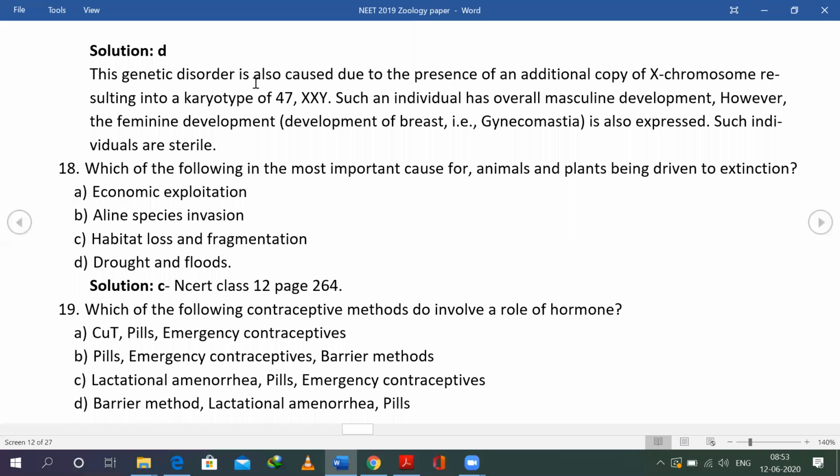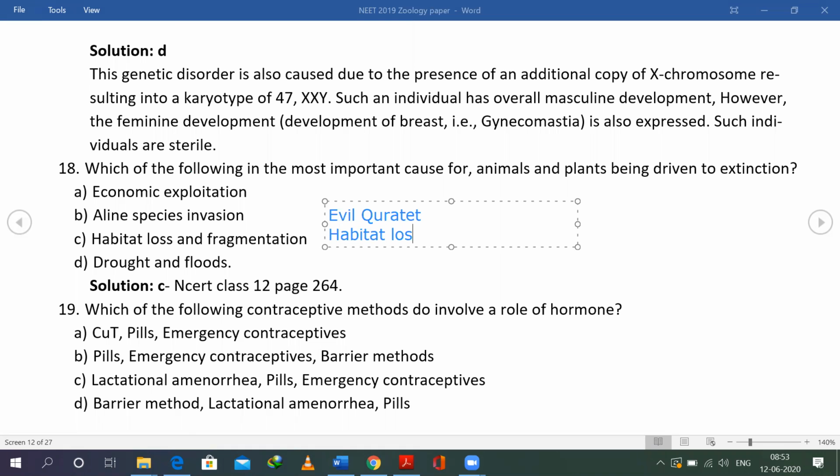So you need to remember this evil quartet, that is, four causes. What are these four causes? One is habitat loss and fragmentation. What is the next one?